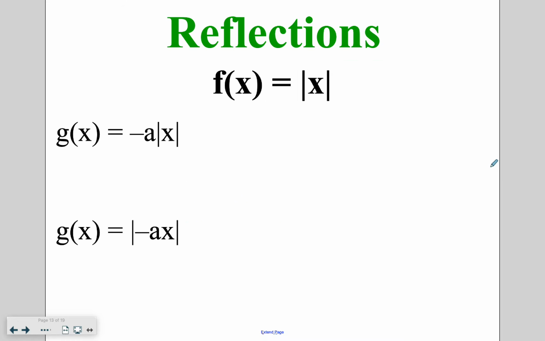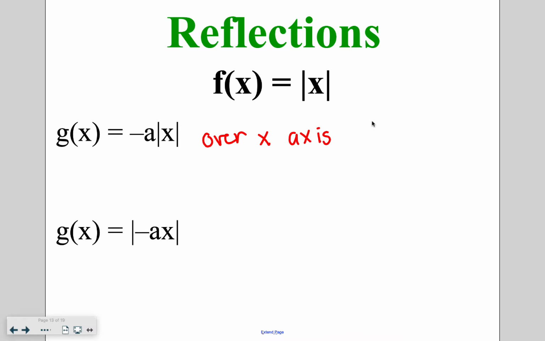The last piece is our reflections. If I have a reflection and that value is on the outside, so it is a negative number outside the parentheses, this is going to be a reflection over the x-axis.